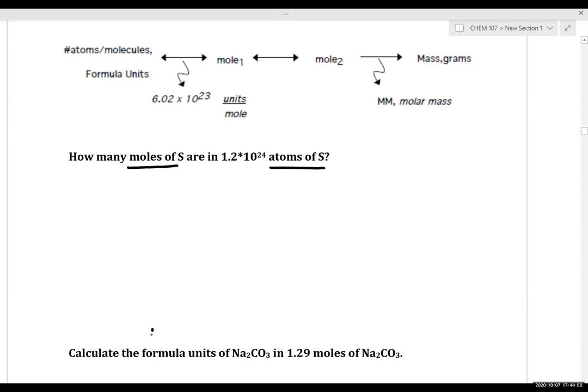And in the second example, you're calculating functionally the molecules of sodium carbonate given the moles of sodium carbonate. So let's take about 4 to 5 minutes to work through these examples, and then we'll come together as a group to discuss.